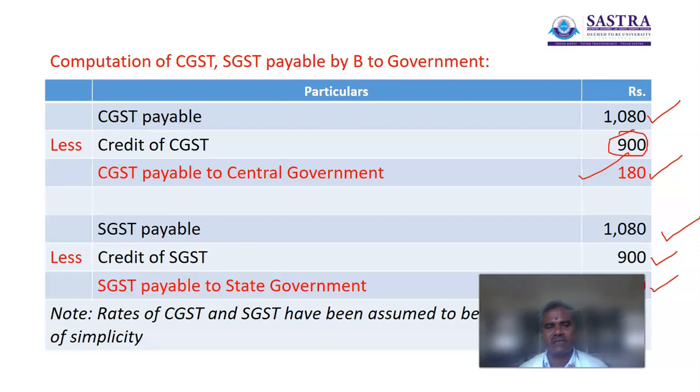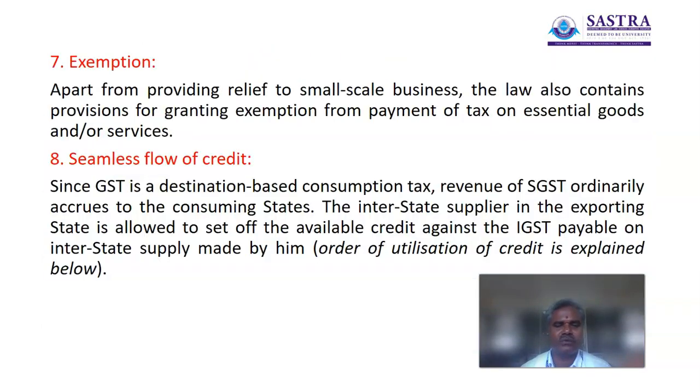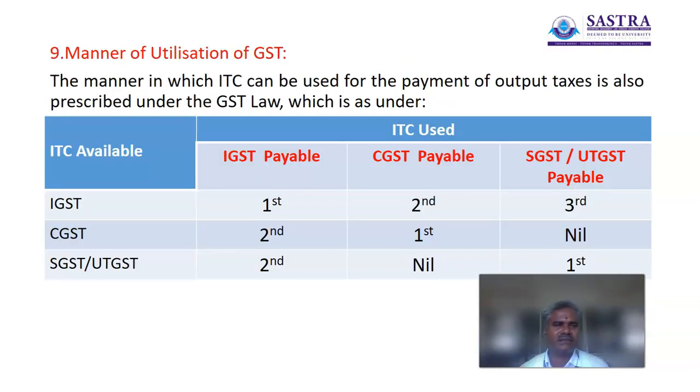Okay, because already I showed one table. This is the manner of utilization. This is ITC and GST payable in all cases. IGST applies when you transfer goods from your state to another state. When we do business between states, we have to charge IGST.